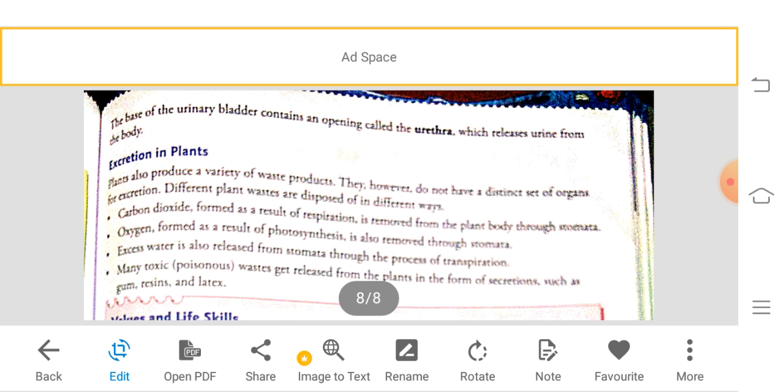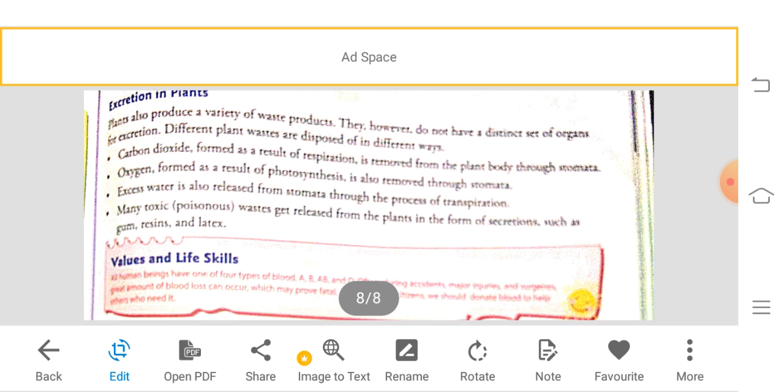Okay. Finally, we will see the excretion process in plants. My dear students, like human beings, plants also remove waste from their body. They also have different sets of organs for removing waste. Some of the waste materials removed from the plant body are, first of all, carbon dioxide.